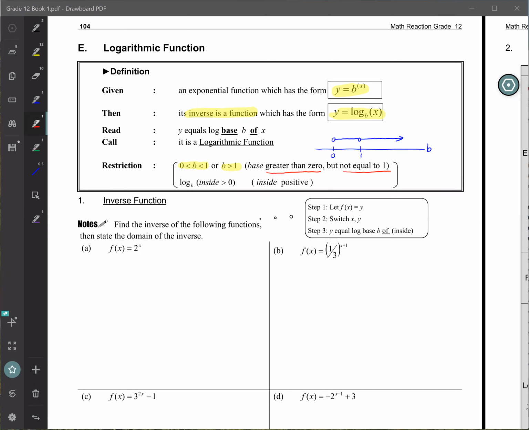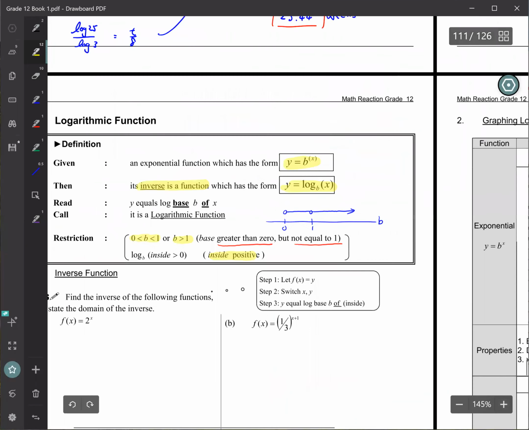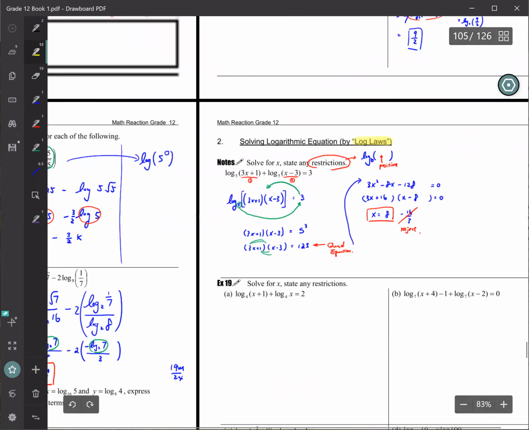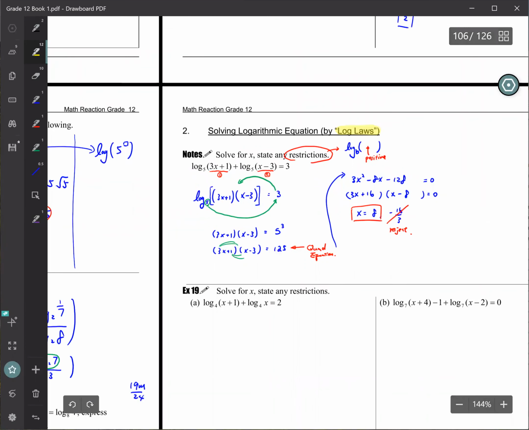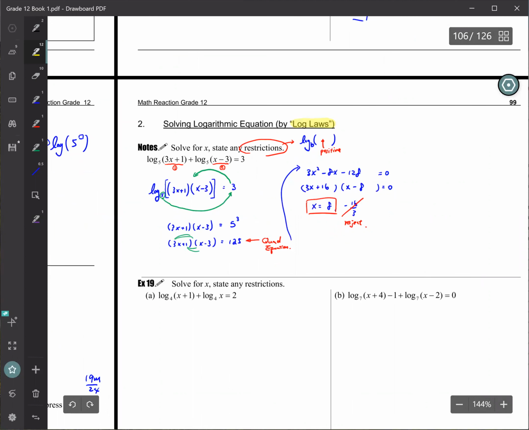Okay, now one more thing is, so this one is the restriction on the base, okay, and then there is also restriction on the inside, which I mentioned last time, right? Inside must stay positive when we solve the equations, right? Page 99, right? Remember, you see this equations.